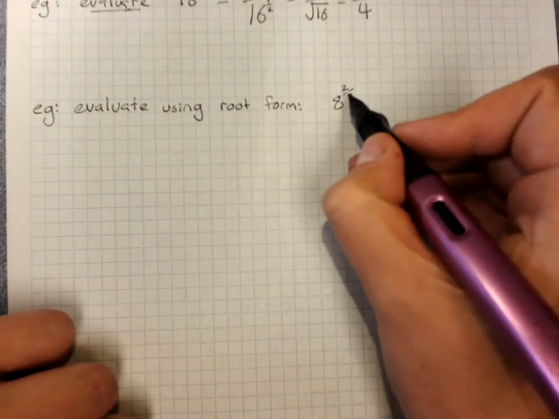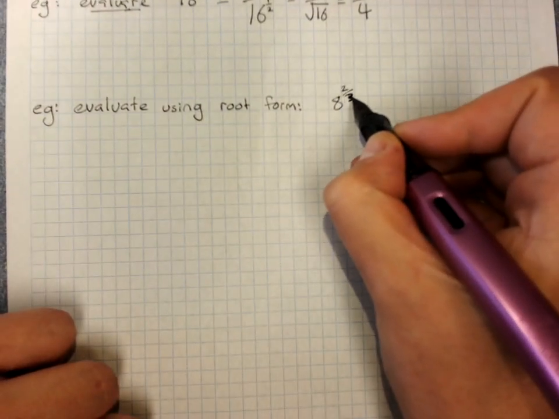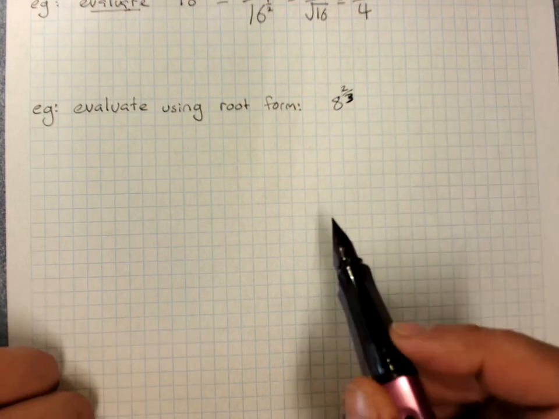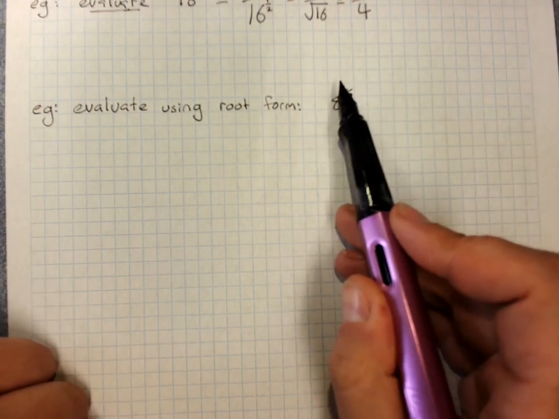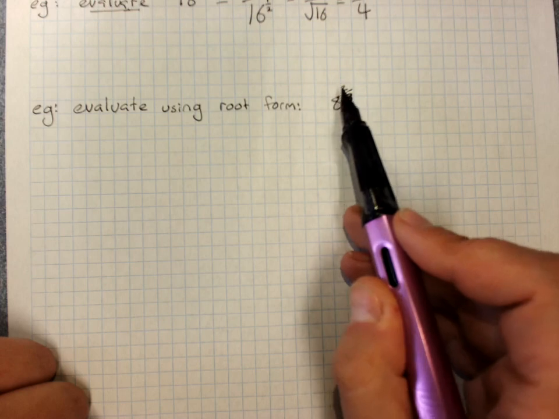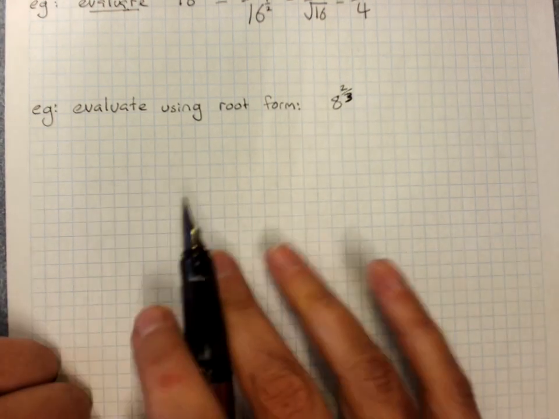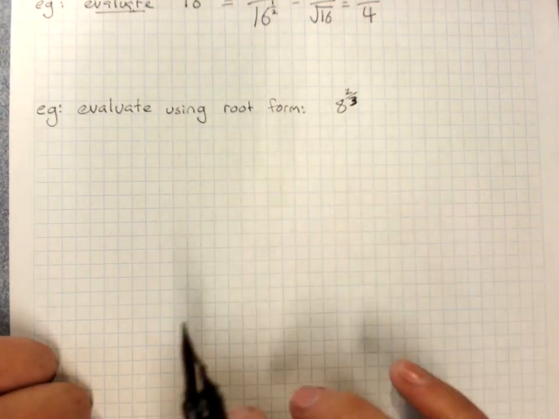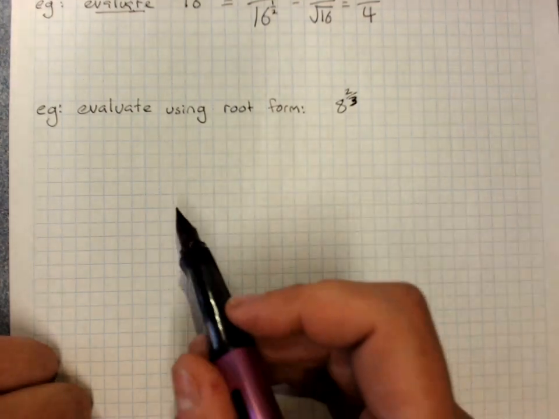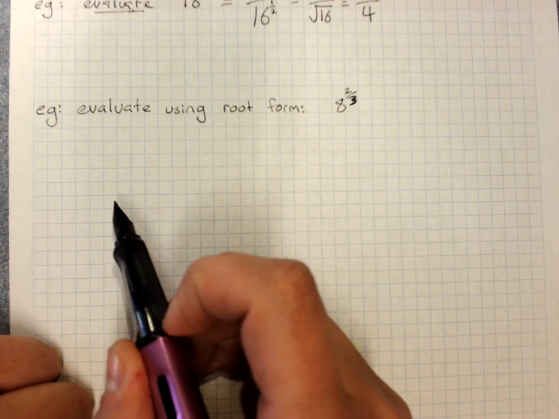Now I've got here 8 to the power of 2/3, rather badly written. And this is where you see we've got our non-unitary numerator. Honestly, this is a bit extension-y, but there's a question later on, so we'll get to this.